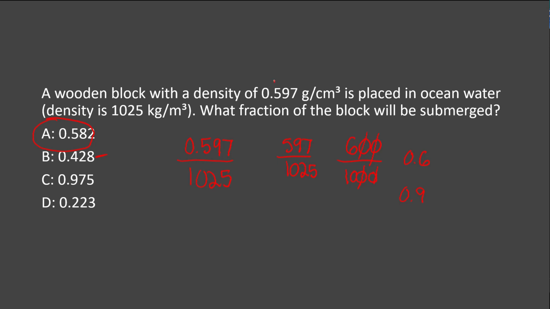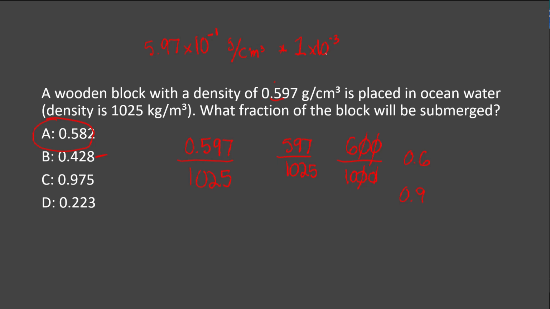So we'll convert this first of all to scientific notation: 5.97 times 10 to the minus 1 grams per centimeter cubed, right? So if we were to convert grams to kilograms, we would multiply this times 1 times 10 to the minus 3, right?